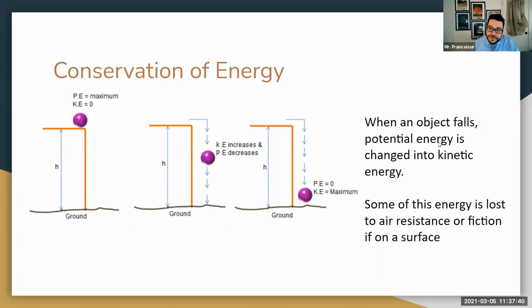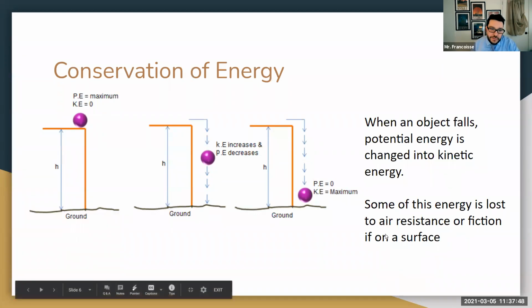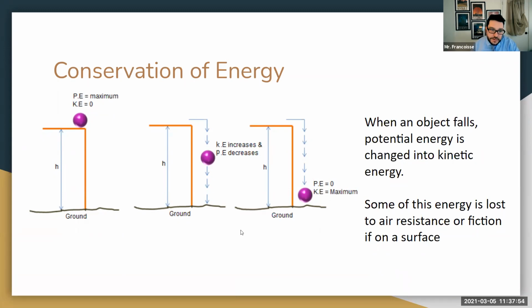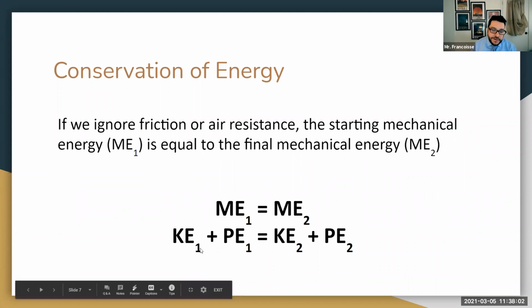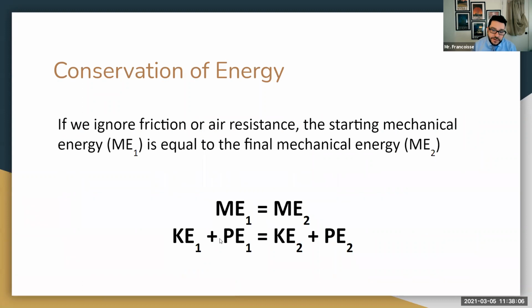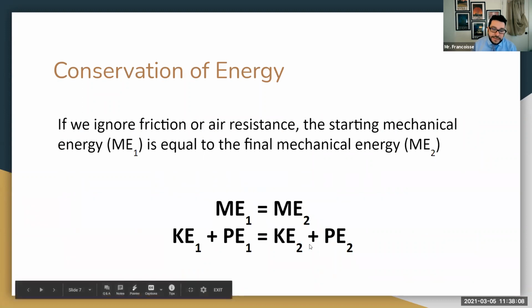So when an object falls, potential energy is changed into kinetic energy. Some of this is lost to air resistance and friction, but we're going to ignore these when we deal with our problems. So one way to help us kind of understand what's going on, we can say that the kinetic energy and the potential energy added together at the start is going to be the same as at the end.